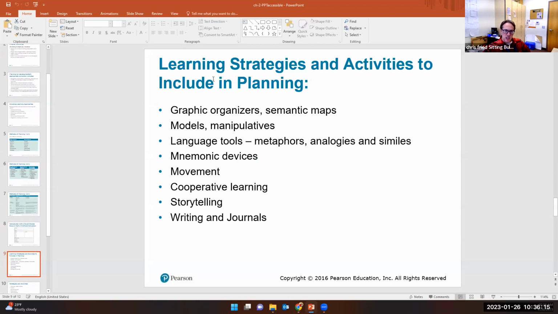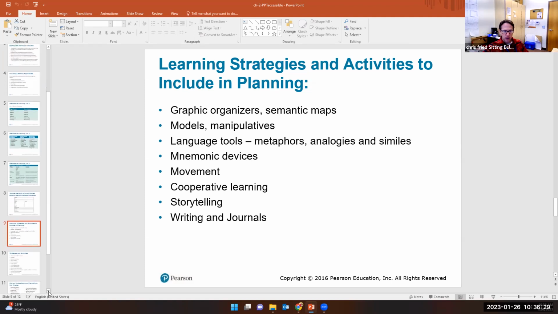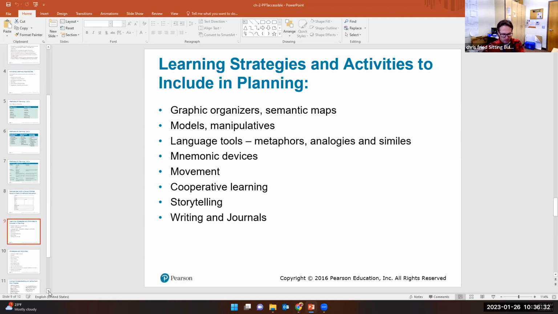So, some learning strategies to include in planning. There's a variety of them here that you can take a look at, and planning, again, depending upon the grade level, is going to look different, preschoolers compared to third graders.